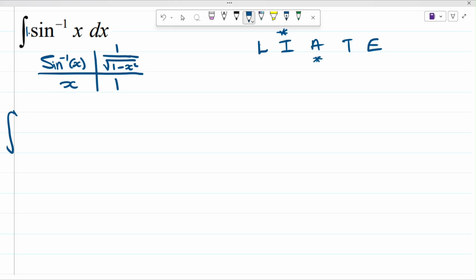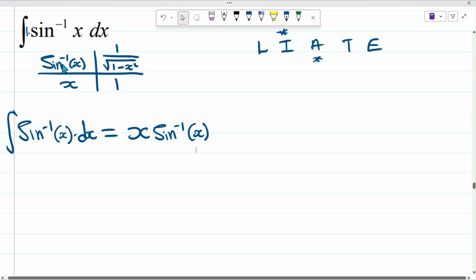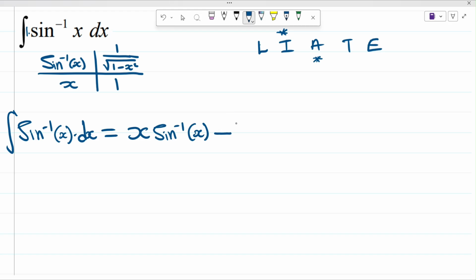Now we apply our integration by parts. So the integral of sine inverse of x dx is going to be equivalent to sine inverse of x multiplied by x, so it's going to be x sine inverse of x. What did I do? I multiplied my second quadrant by the third. Then we continue with our integration by parts.